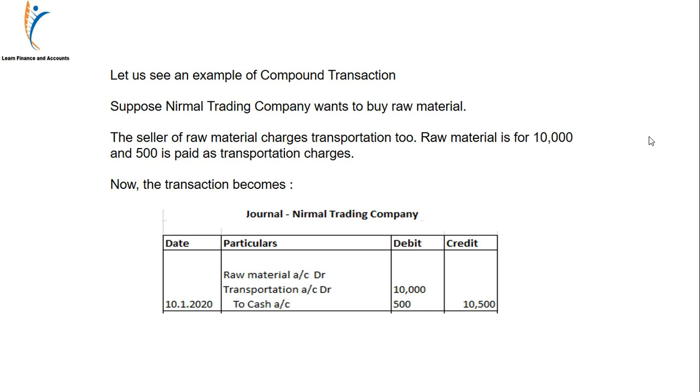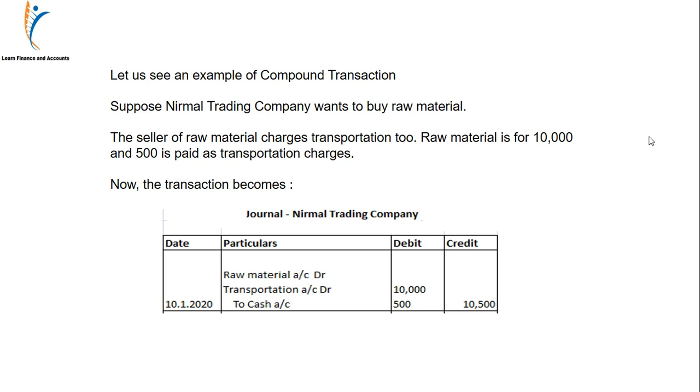What are the accounts? The first account is raw material. What is happening to raw material? Is it coming into the organization or going out of the organization? It is coming in. This means it is increasing. Up arrow. So raw material account will be debited. Transportation. It is an expense. Earlier, the expense was zero.